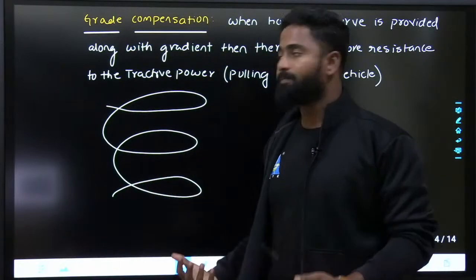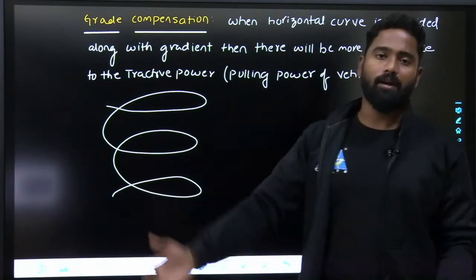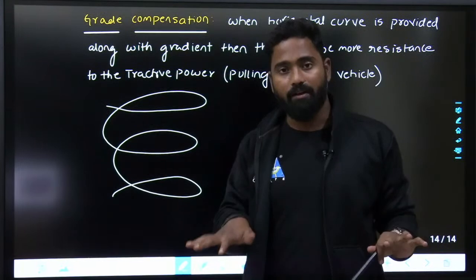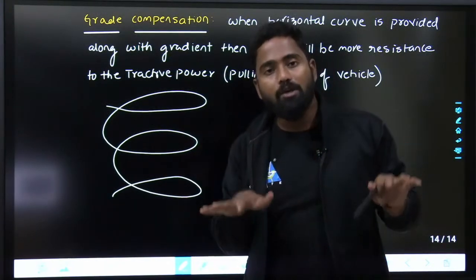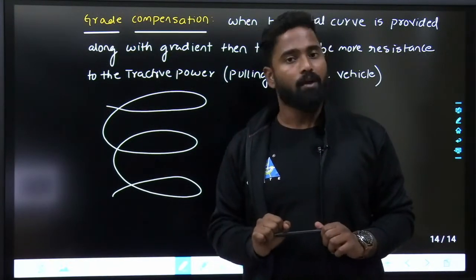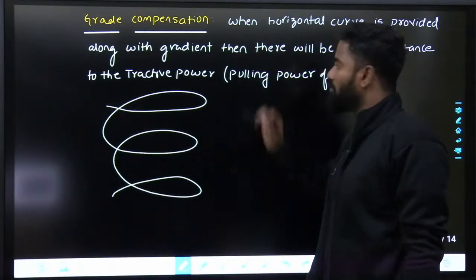In that case, you can't provide higher gradients, you have to compensate the grade. That means you have to reduce the grade for it. That is called grade compensation.